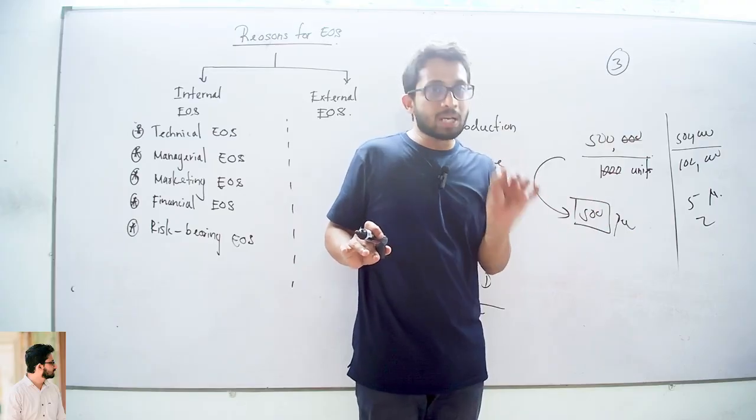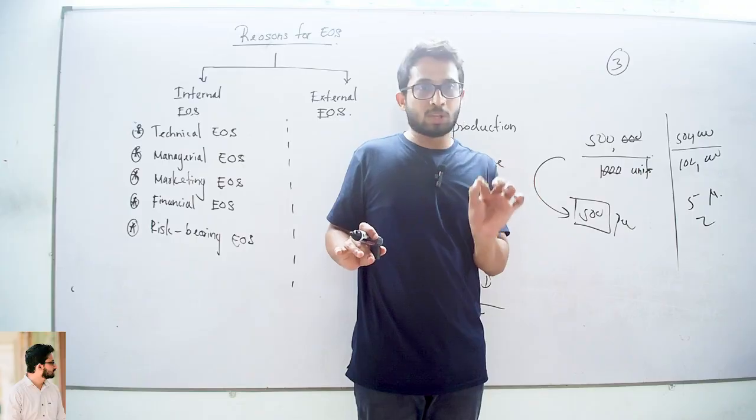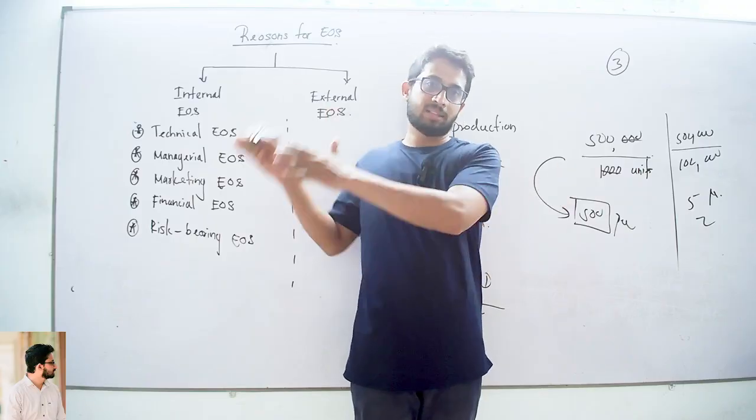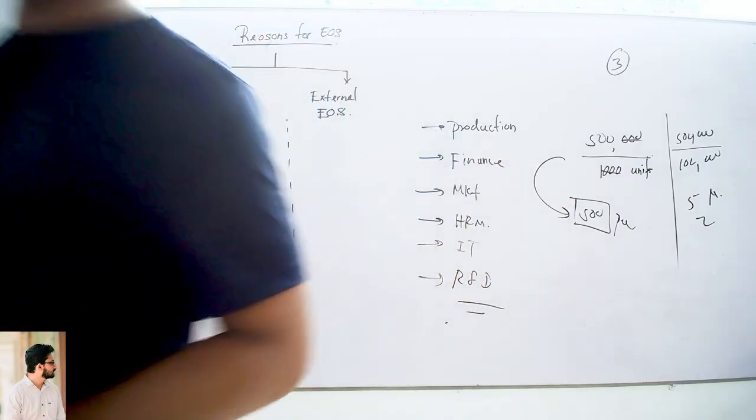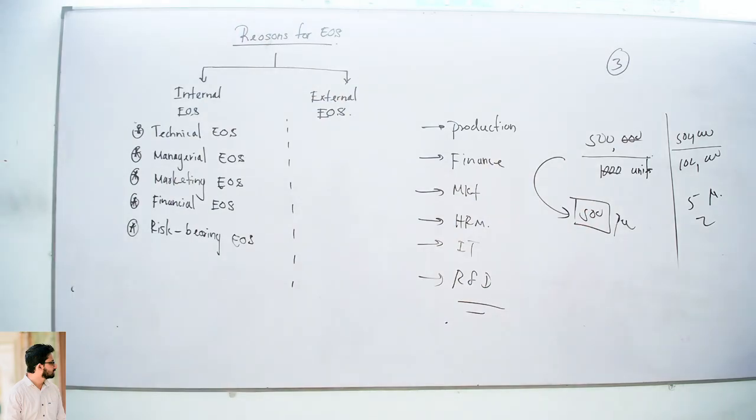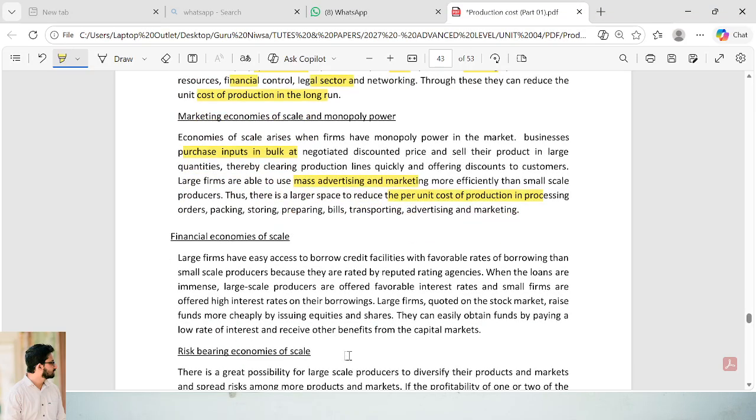So the advertising cost per unit is relatively higher than for large scale producers. I think that is clear for you. Any doubt? No, sir.